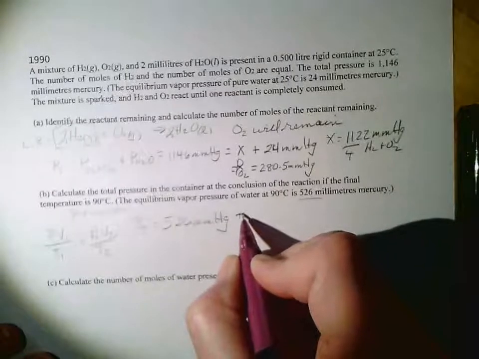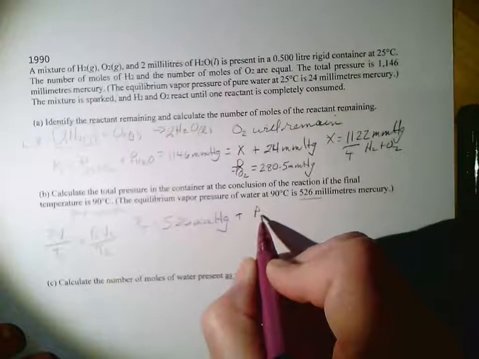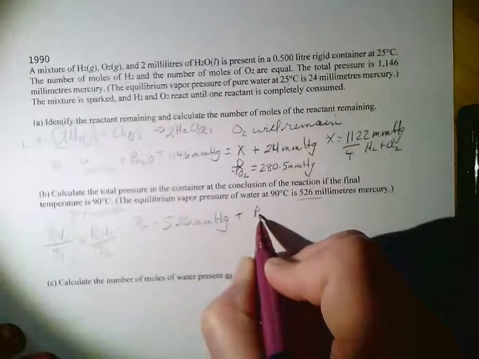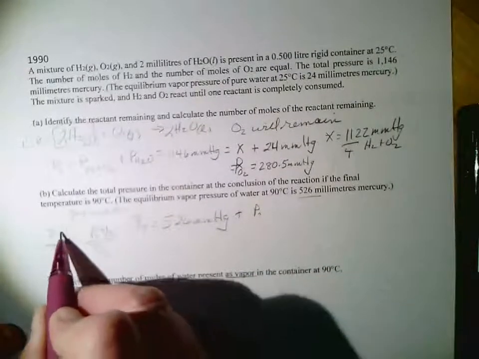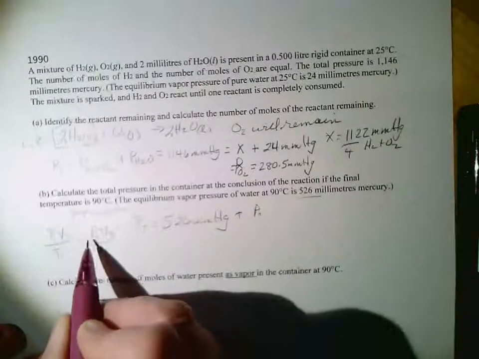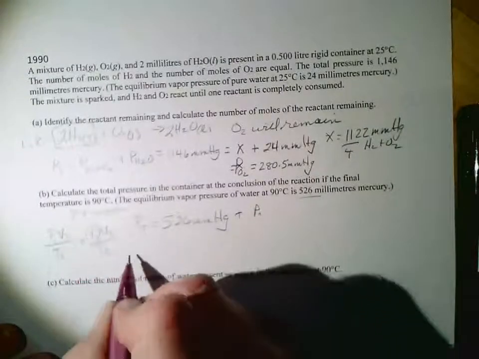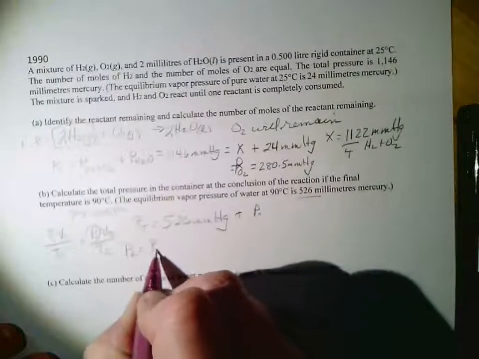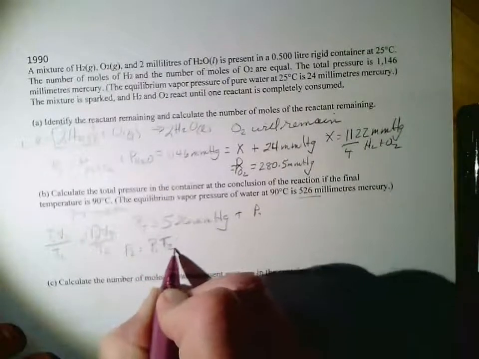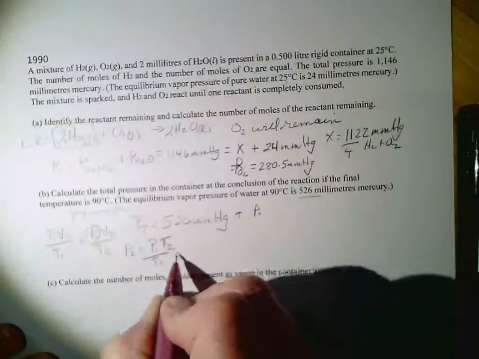And then we're going to have to add to that the pressure at our new temperature. So for our pressure at the new temperature, I'm going to get rid of V because the volume doesn't change. My temperature changes and I want to find P2. So P2 is going to equal P1 times T2 over T1.